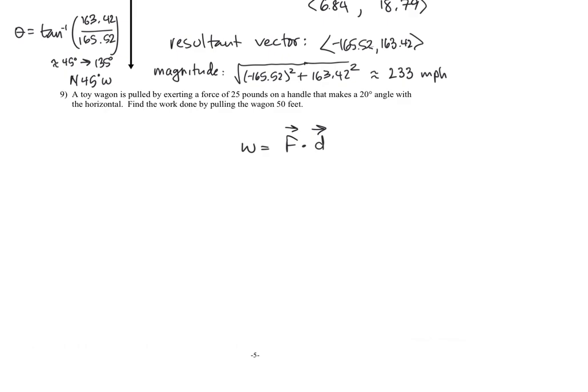So we have a wagon here. And the handle makes a 20-degree angle. And the displacement vector is 50 degrees horizontally.